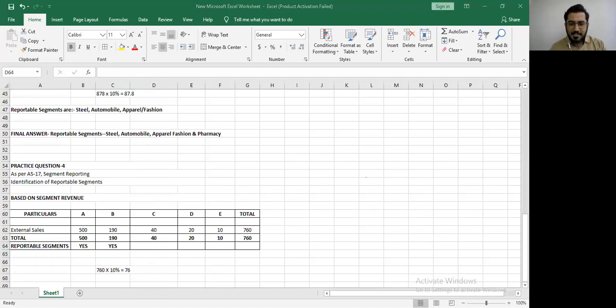What about segment C? Are separate disclosures required for segment C? Not required. Does not satisfy the 10% criteria. What about segment D? Are separate disclosures required for segment D?